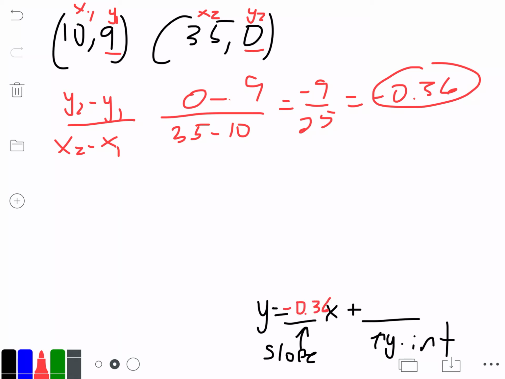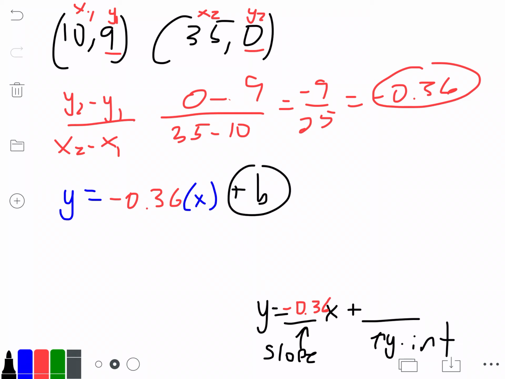Now we have to find out what our y-intercept is. So y equals, we know what our m is, negative 0.36 times x, plus b. b is what we want to solve for. So we can plug in x and y from one of our ordered pairs.